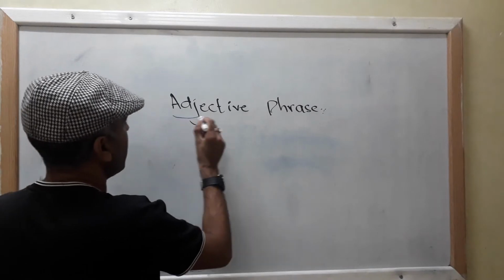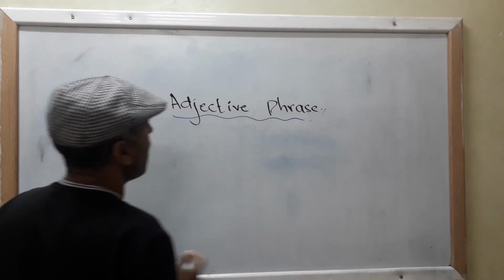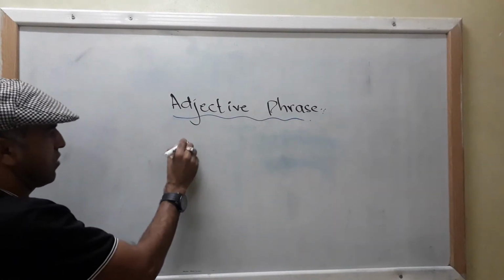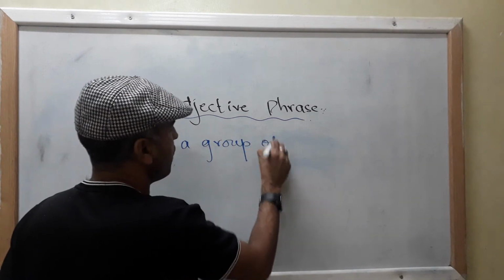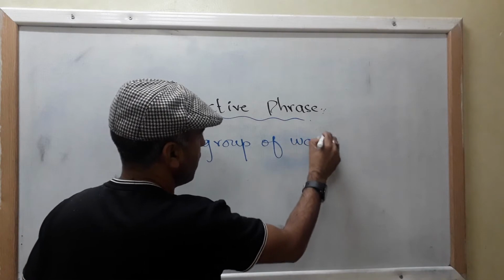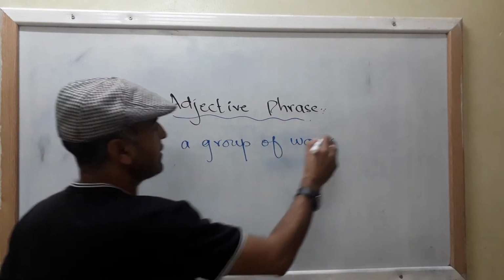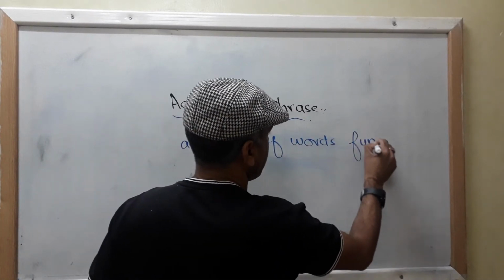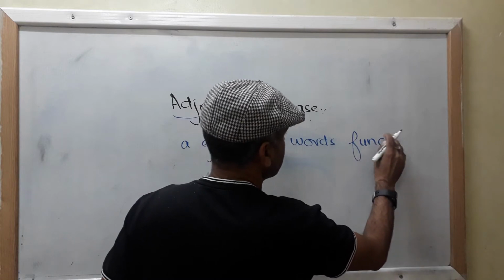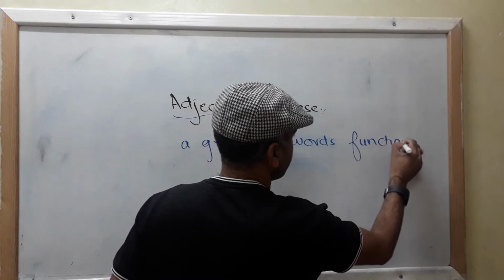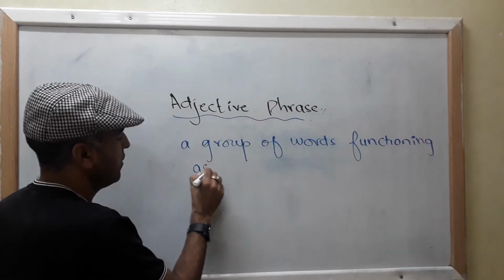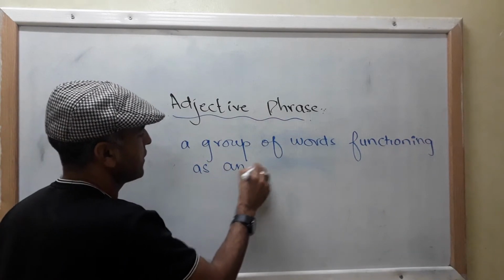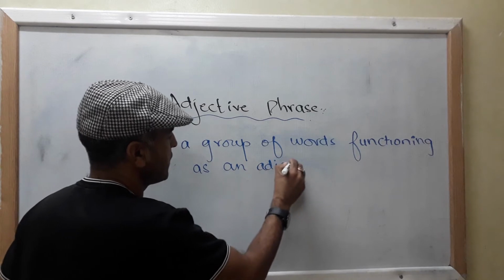An adjective phrase is a group of words functioning as an adjective in a sentence.